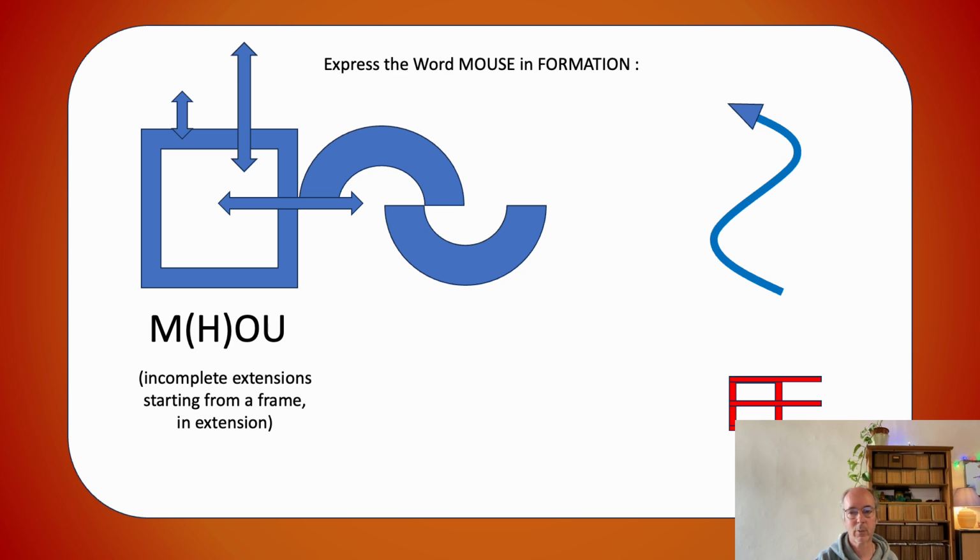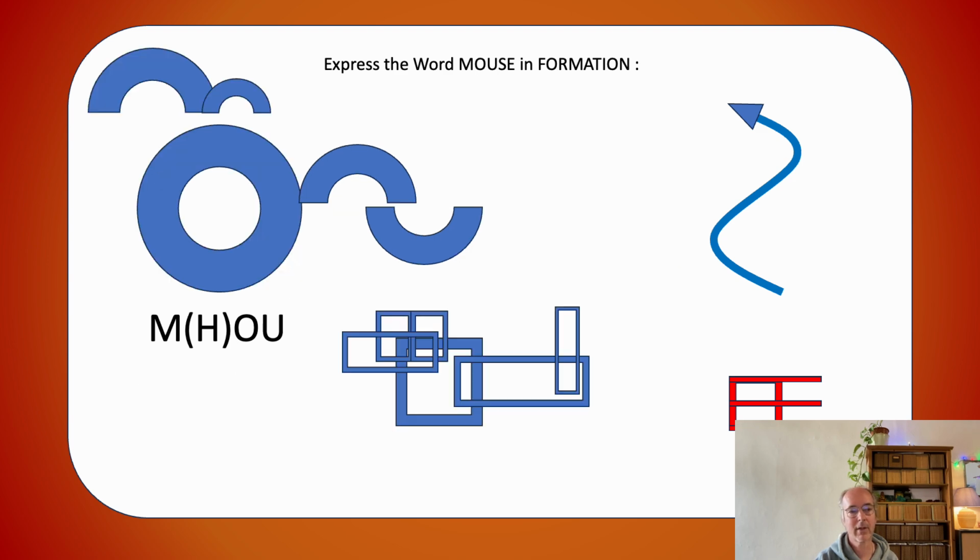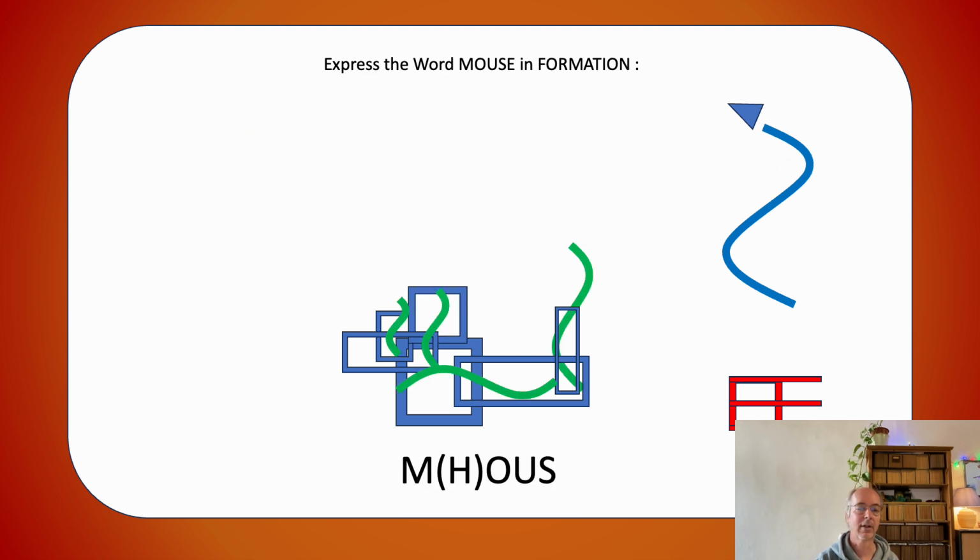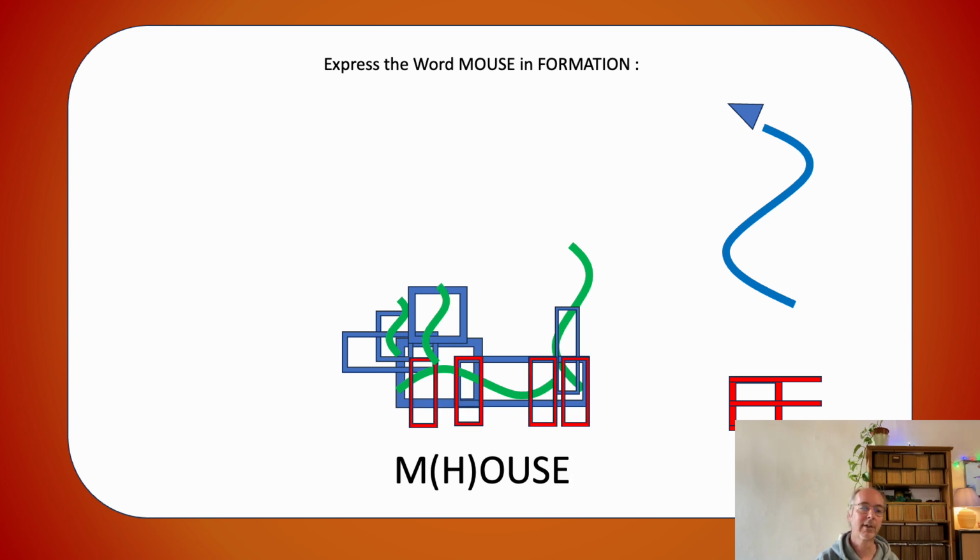So when we play with it, we will get incomplete forms out of it, and when we add the effect of the S, as we have here, with some emphasis on extensions, we will easily get forms that go into the directions of mouse.